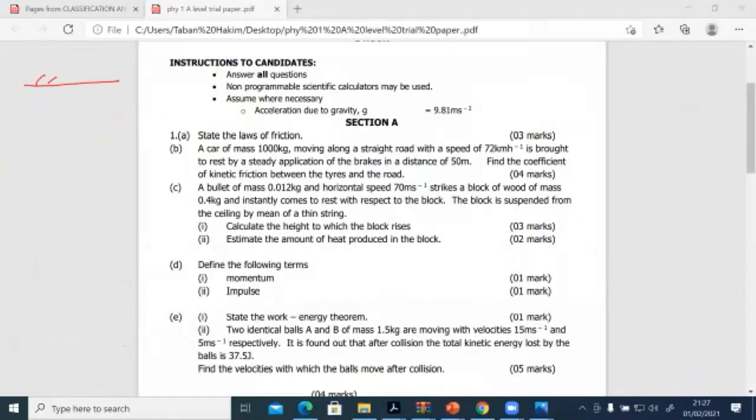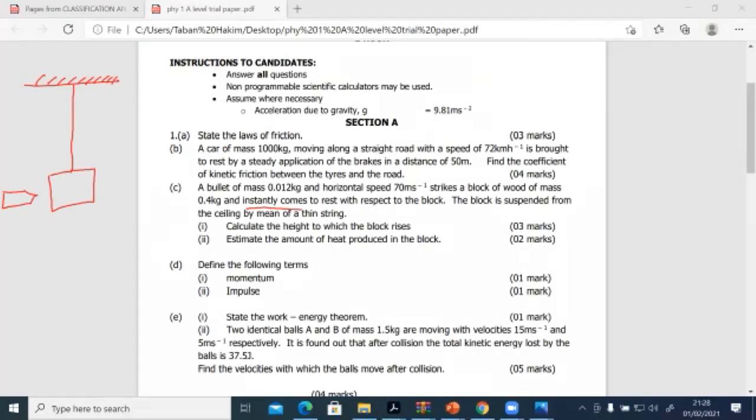So it looks like this. Assuming that this is our point of suspension, we're having a block and a bullet. This is our block. The bullet comes and then strikes the block. They're saying that once the bullet enters the block, it comes to rest instantly with respect to the block.